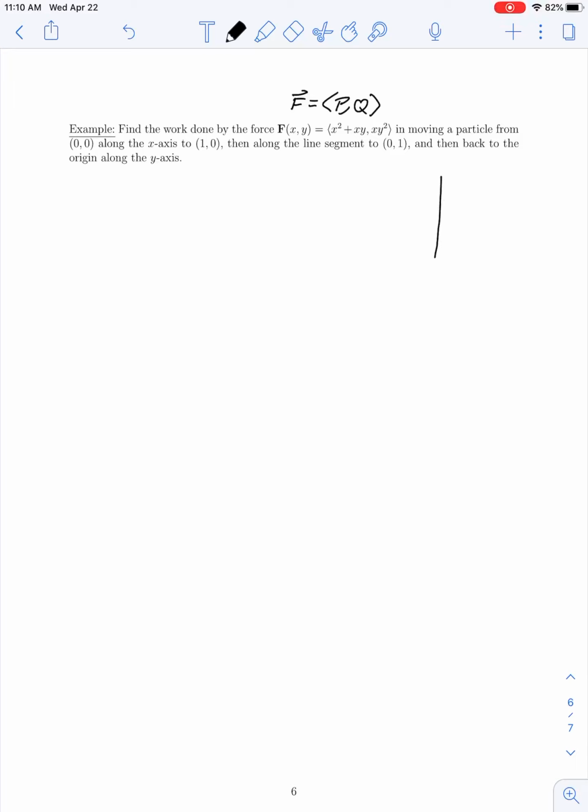So let's trace out our curve as we're reading this description here. So in the xy plane, we were starting at the origin, (0, 0). We're moving along the x-axis to the point (1, 0), and then along the line segment to the point (0, 1).